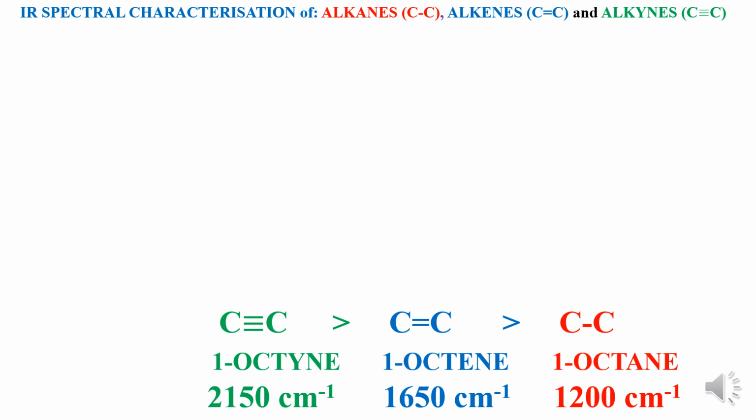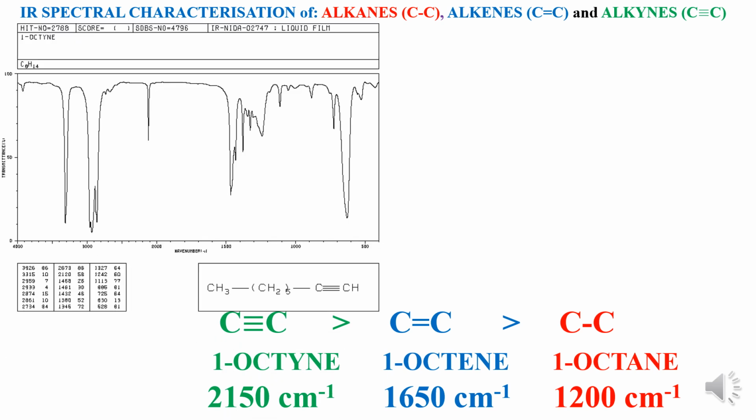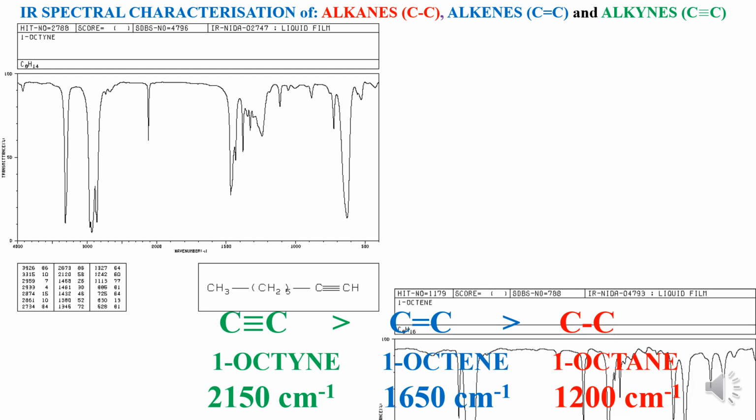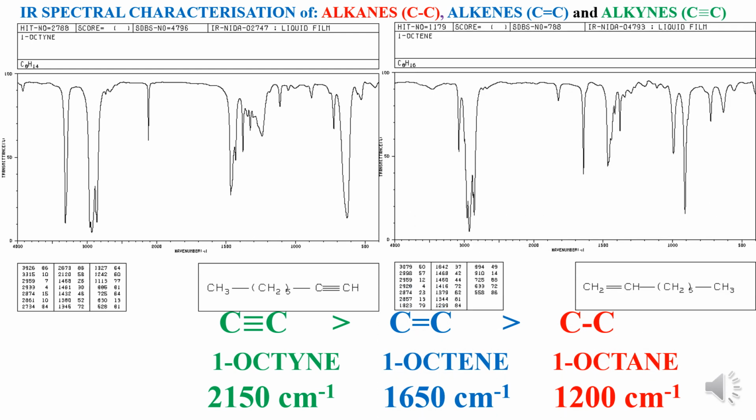So here, I'll be making use of the IR spectra of 1-octane and 1-octene. So the triple bond is stronger than the double bond, which is in turn stronger than the carbon-carbon single bond.